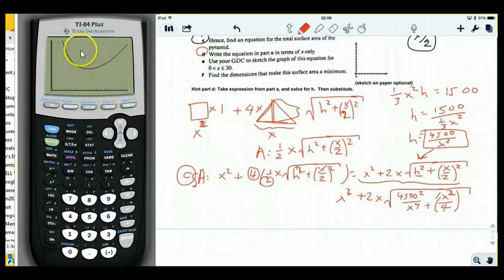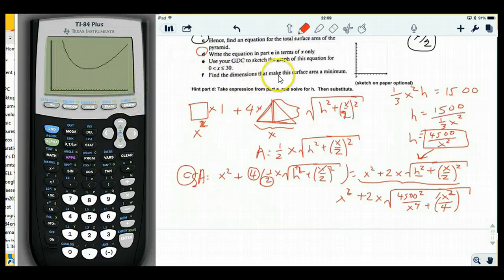Then I graphed it, and I got this. I'm graphing it from x equals 0 to x equals 30, because that's what they tell me to graph from, and I needed to go up to about 2000 on the y. So take a look at my window here. The x min is 0, the x max is 30, like they said. The y min is 0, and the y max is 2000. Okay? And here's my graph.